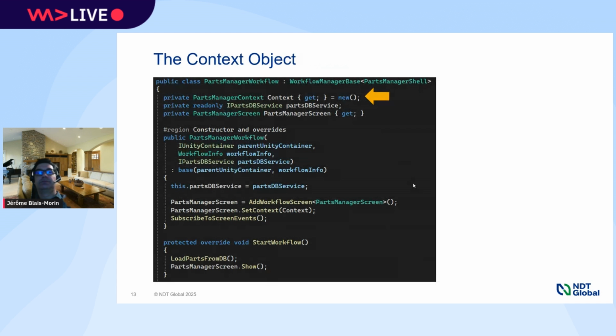First, an important part to support the whole thing is the context object. So in the workflow, this workflow would create a new context object. It creates it just once, it never changes, and it will be passed to the view models. Here it's passed to a screen, we see, but the screen holds the view model, so the screen just passes it over to the view model.